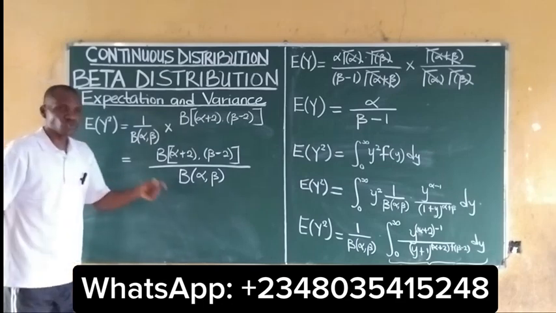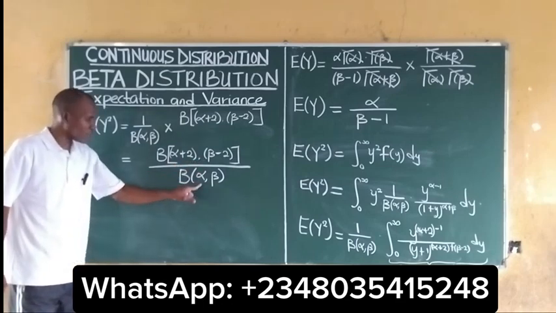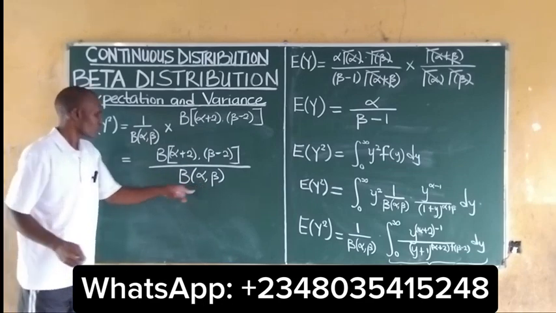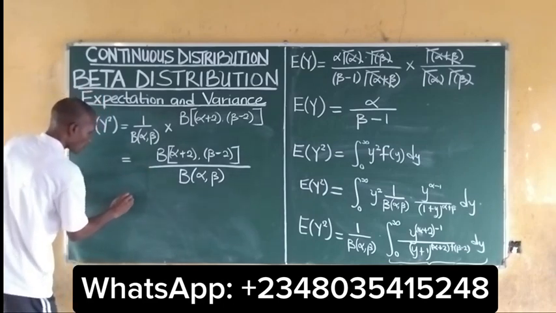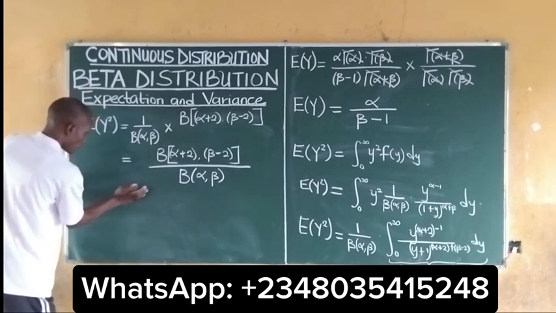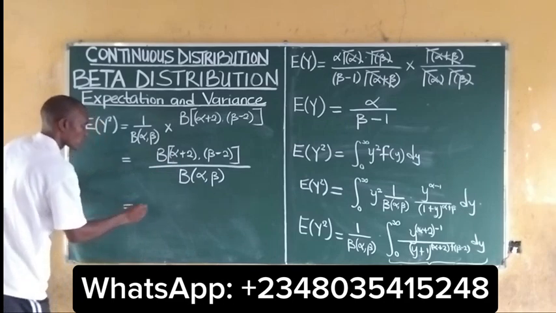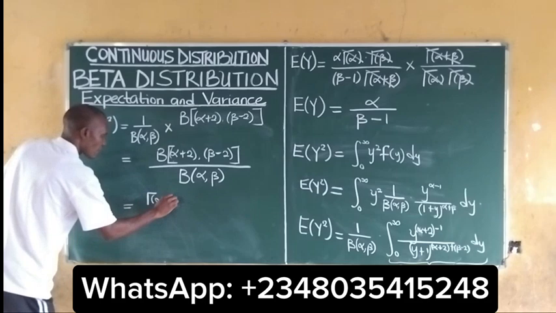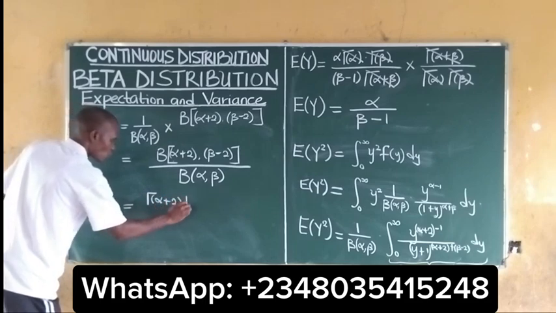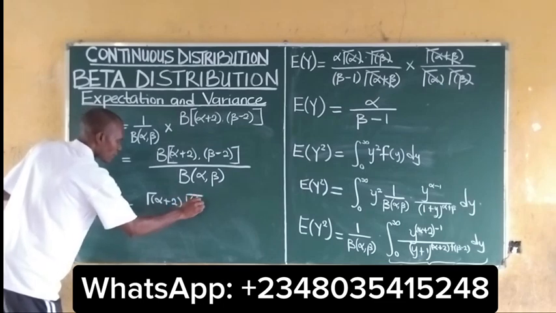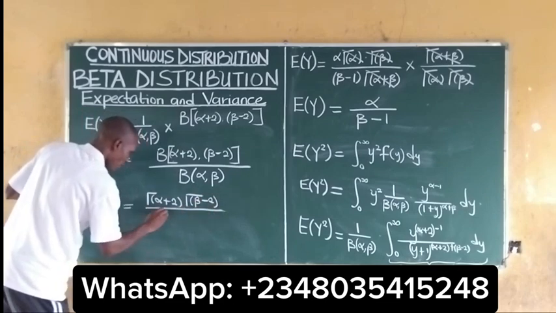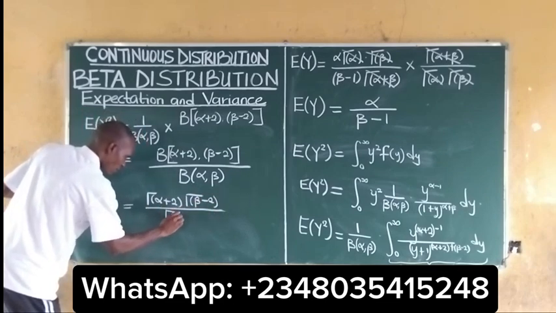So the next thing to do is to write what this function is and what this function is. We are using the gamma property to write it out. So it then means that the whole of this function is equal to, using the gamma function to write it, gamma of alpha plus 2 into gamma of beta minus 2 all over gamma of alpha plus beta.